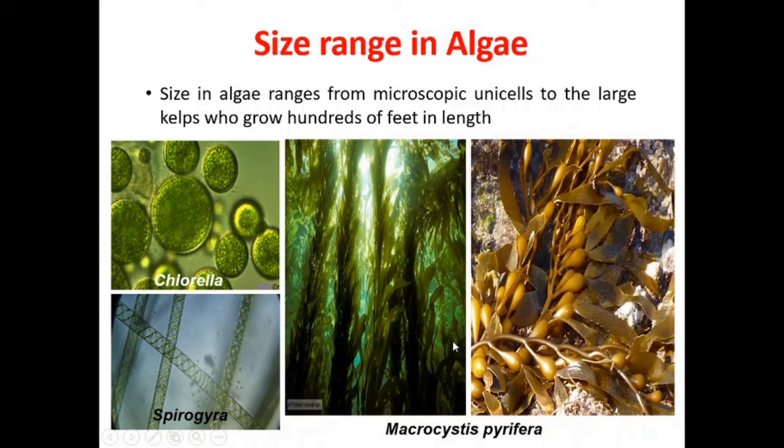The Macrocystis pyrifera is an example of the large kelp which grows hundreds of feet in length. So you can see this large kelp forms the so-called kelp forests in the oceans. The thallus is quite differentiated, showing stem-like and leaf-like parts.